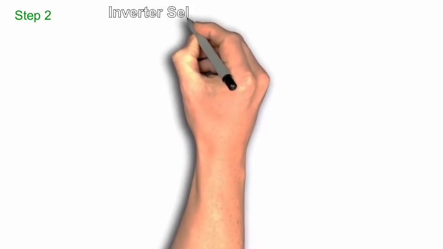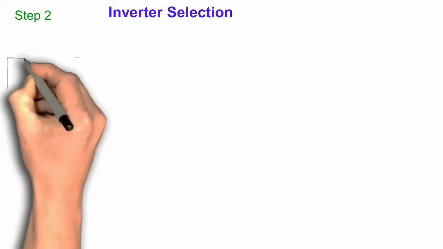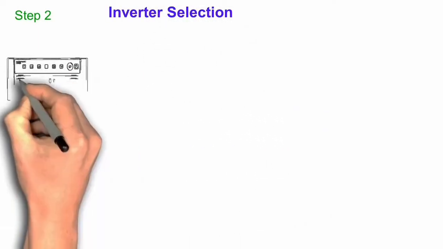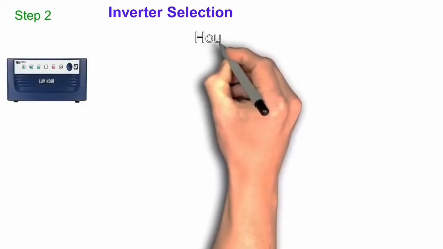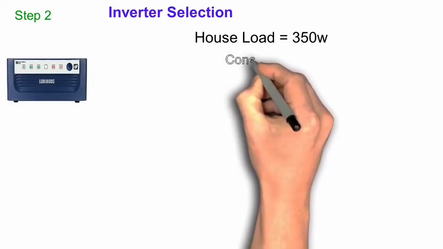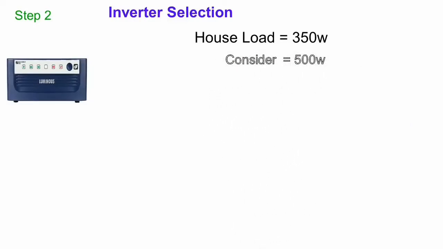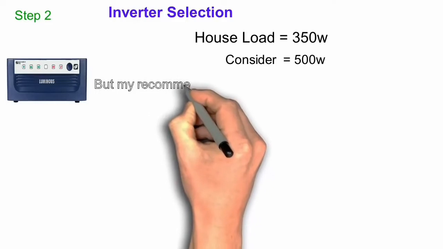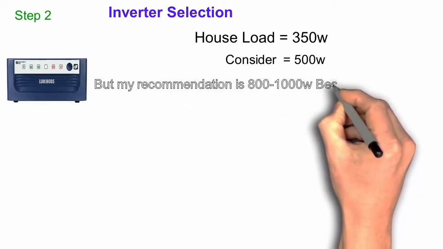So step number two, you want to determine your inverter selection, your inverter rating in this case. Now the inverter rating usually has to be more than the rating of the load. So for a load of 500, you might be looking at a range of 800 to about 1000 watt.